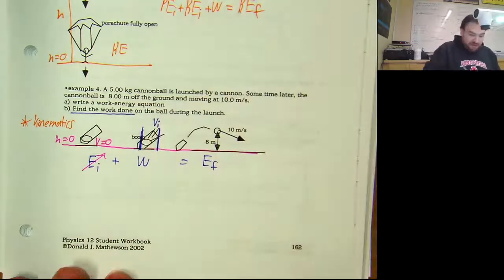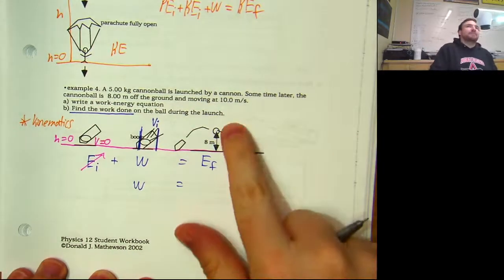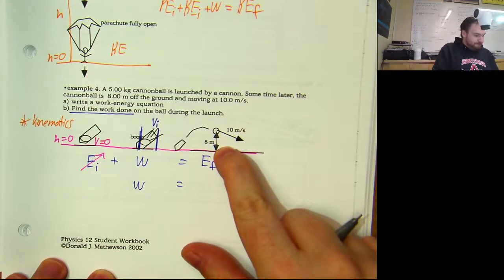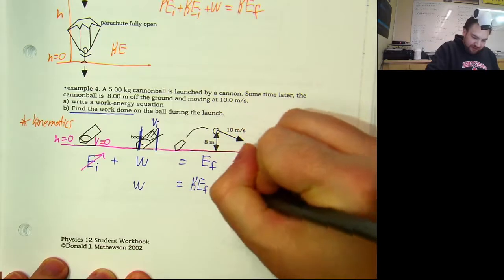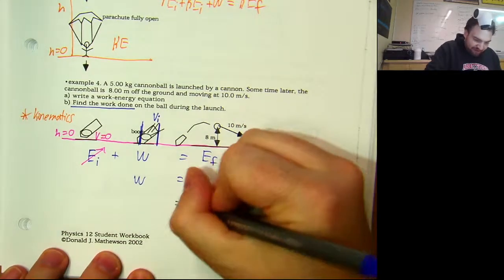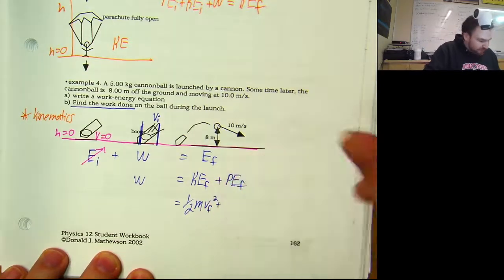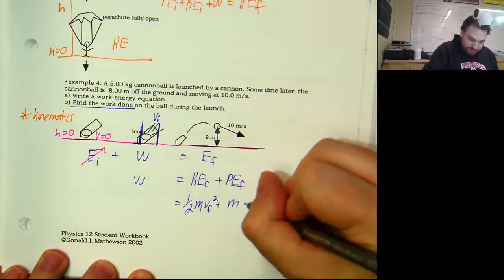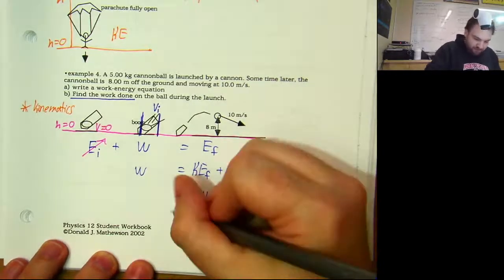So what I've got here then is just my work equals what kind of energy exists at the end of the problem? Kinetic energy final and potential energy final, because my thing's up somewhere in the air. So I'm going to have a half m v final squared plus m g h final. And I can just plug in my values.